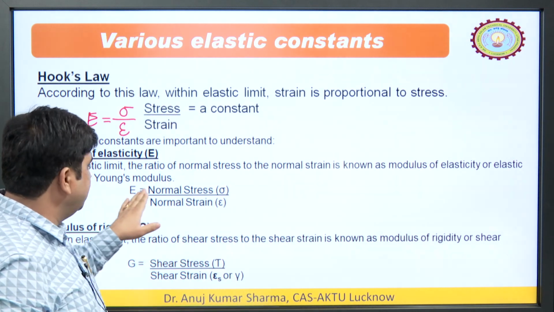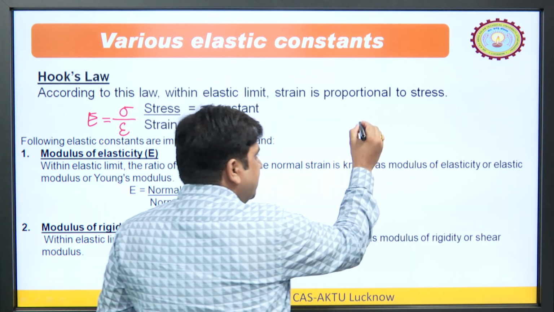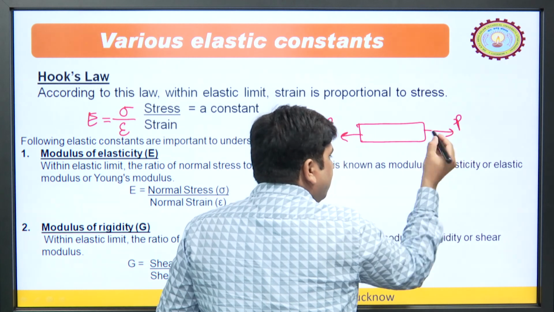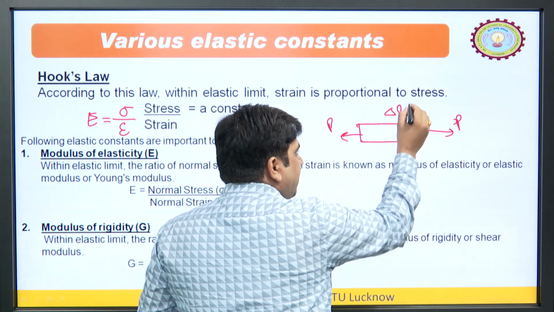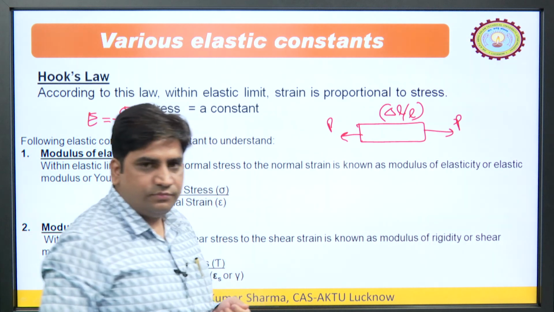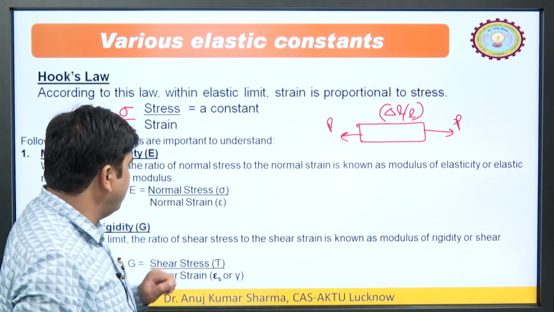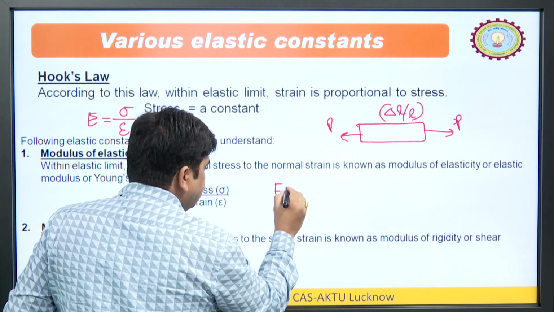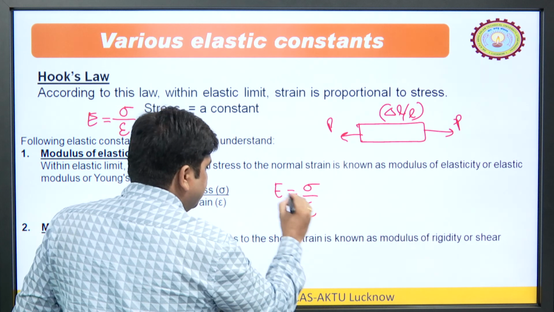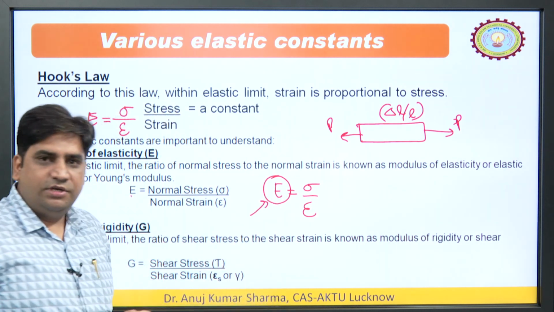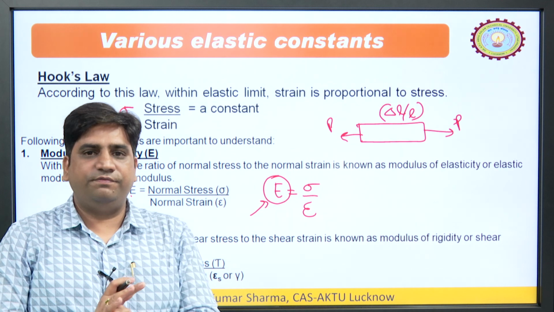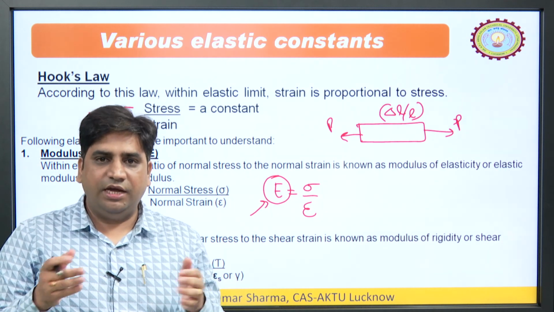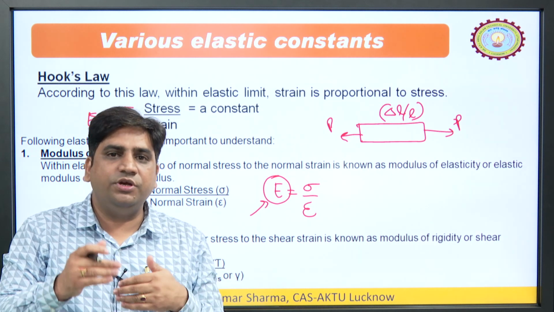Modulus of elasticity: let us say this is the object and we stretch it by applying some force, and delta L upon L is the strain. According to Hooke's law, E is equal to normal stress upon normal strain. This is the modulus of elasticity, and it represents the speed of elasticity, meaning how fast the material can regain its original shape upon removal of the load.